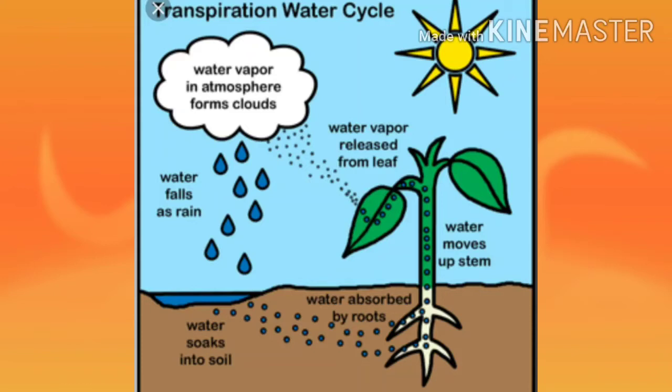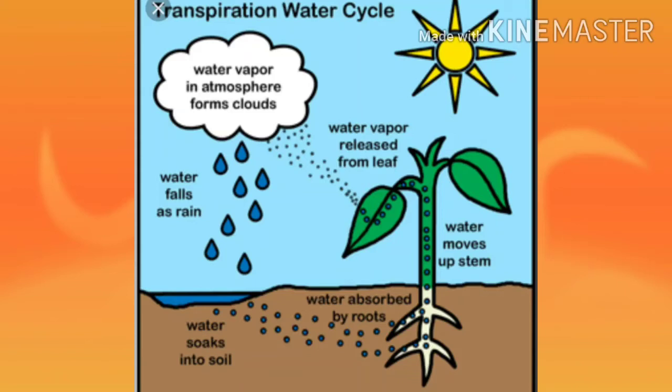The roots continue to absorb water from the soil. If excess water does not evaporate through transpiration, then what will happen? The sap will become dilute, preventing further absorption of water and minerals from the soil. So, it helps to maintain the concentration of the sap inside the plant body.